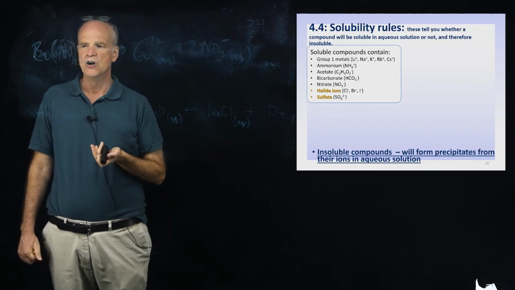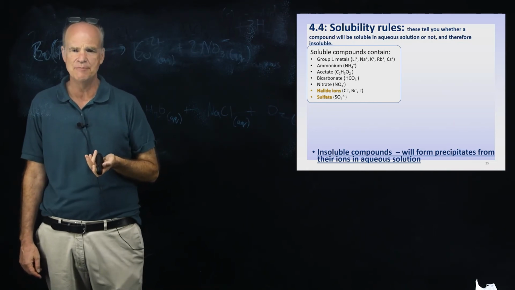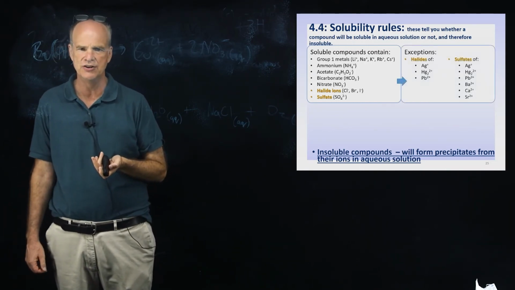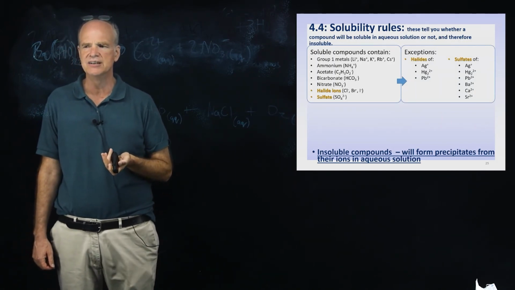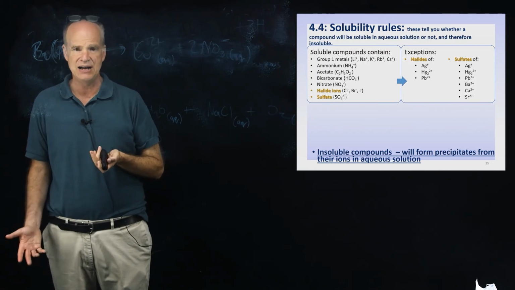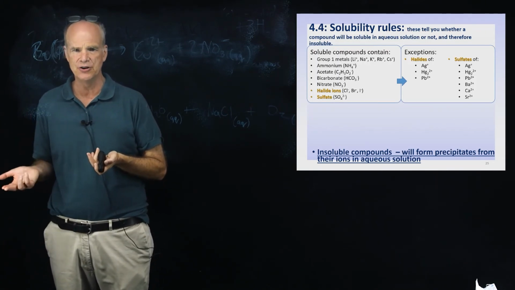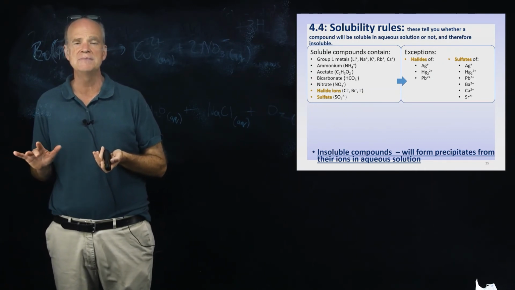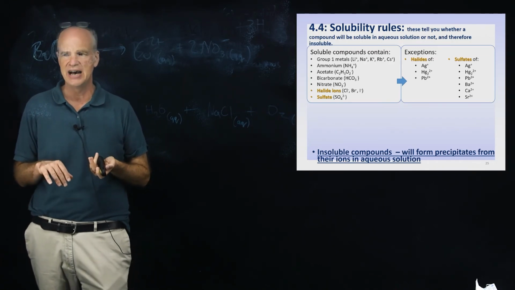With most compounds, halides will cause that compound to be very soluble, but there are 3 exceptions to that which you need to know about. If you have one of these halide ions, whether it be chloride, bromide, or iodide, bound to 3 different types of metals, silver, mercury, or lead, when it's bound to those 3 particular metals, it is insoluble. So you'll have to memorize that.